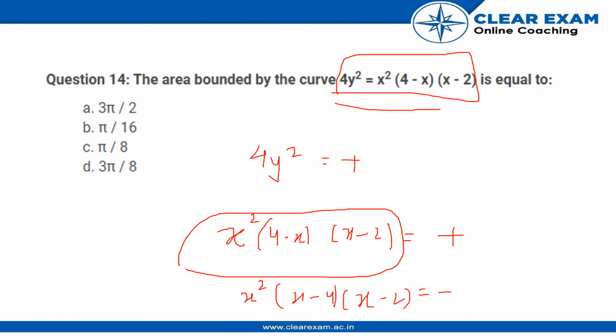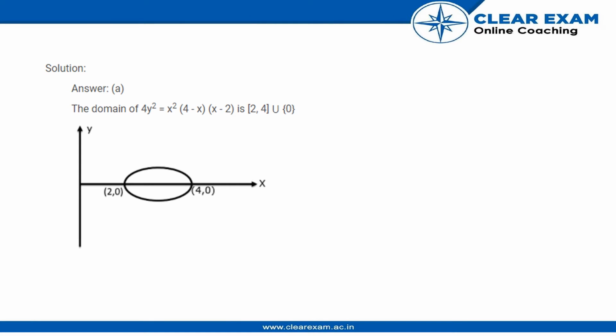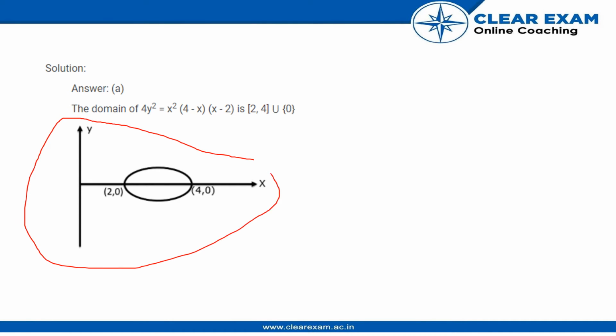If you look over here, the points at which 4y squared becomes 0, that is y becomes 0, are x equal to 0, x equal to 2, and x equal to 4. So once we have that, we just take out the places where this case becomes positive, and we get the curve diagram to be this.